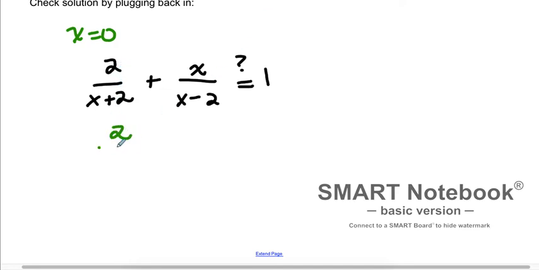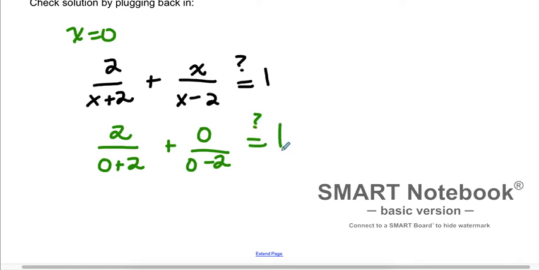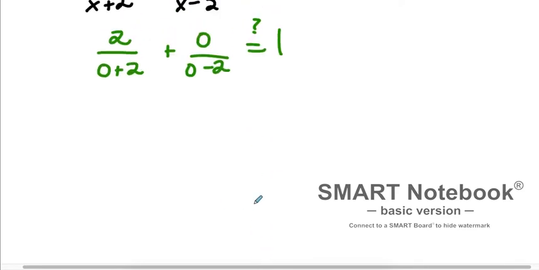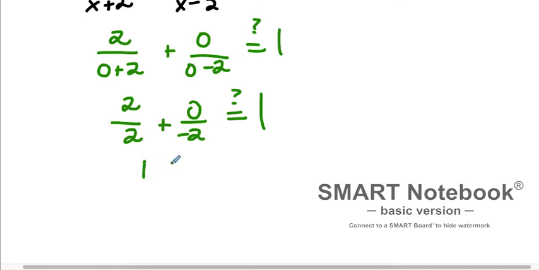So this is going to be 2 over 0 plus 2 plus 0 over 0 minus 2, is that equal to 1? Let's see. So this is 2 over 0 plus 2 is 2 plus 0 over negative 2, is that equal to 1? 2 over 2 is 1 plus 0 divided by negative 2.